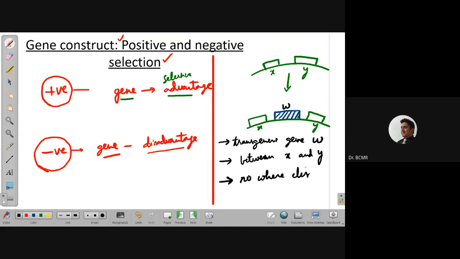I think I should also put one more: W should not be anywhere else. And no other gene should be introduced.